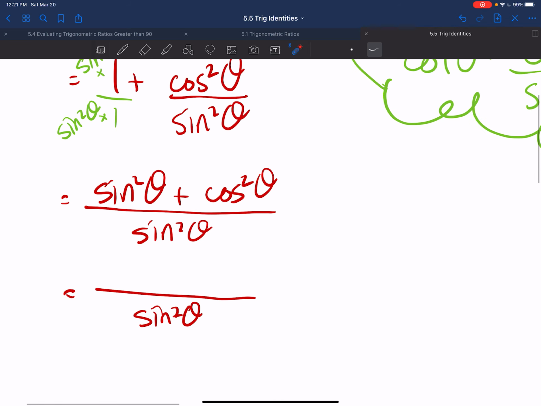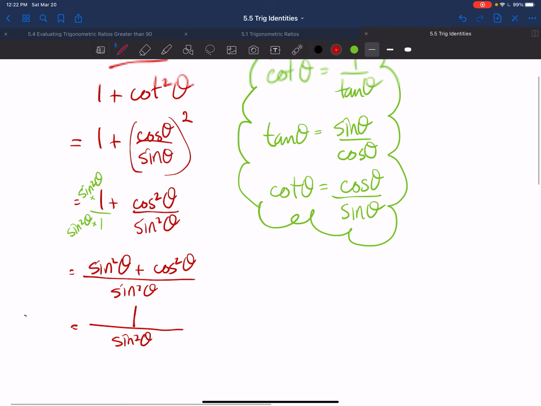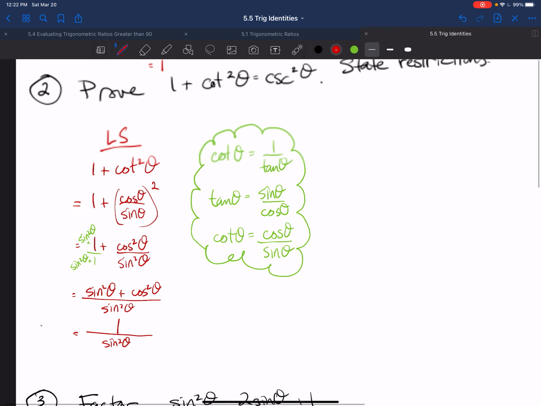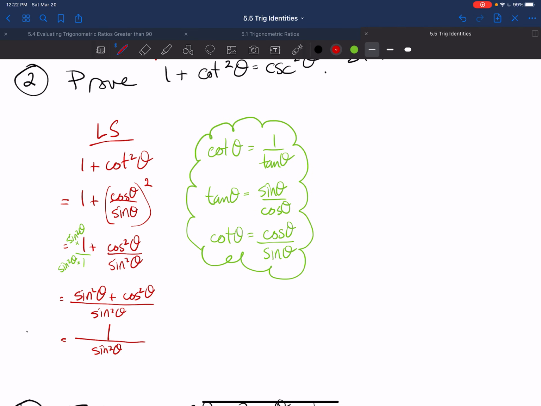So since I know that this is equal to 1, I can replace it or substitute it with 1. I'm not quite there, but I'm simplifying, I'm changing things. I'm trying to get it to look like cosecant squared theta. And the thing is, cosecant is the reciprocal of sine.